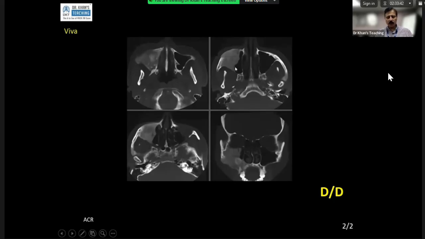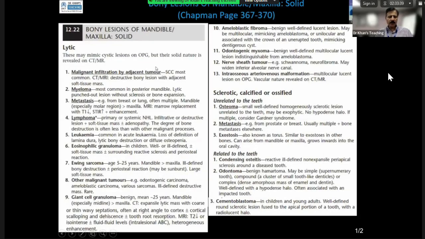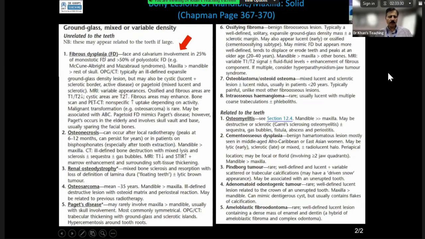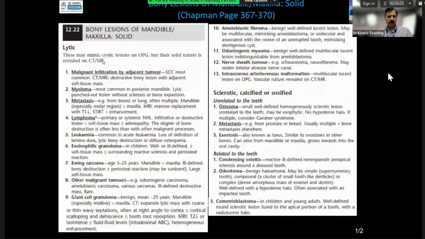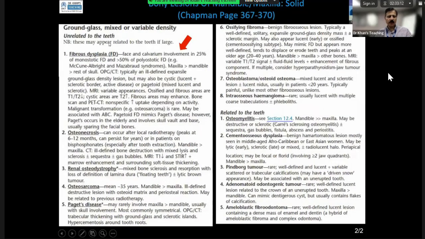Now, please remember this is the differential diagnosis in your book: bony lesions of mandible and maxilla, solid, lytic and sclerotic, calcified, ossified, unrelated to teeth is the subheading, ground glass, mixed or variable.